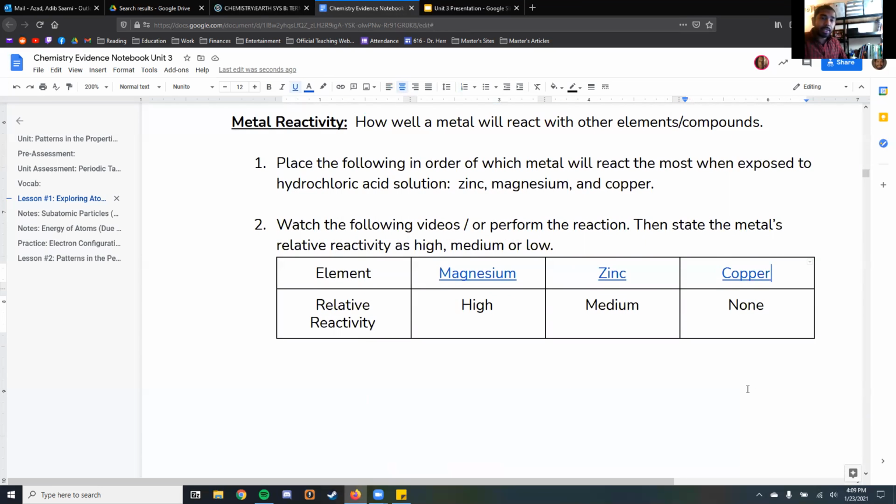In this lab, quote unquote, we looked at how metals react to an acid, hydrochloric acid, reacting with magnesium, zinc, or copper. We just wanted to see how they react relative to each other. In those videos we watched, we see that magnesium reacts very rapidly, zinc a little bit slower, and copper not at all.